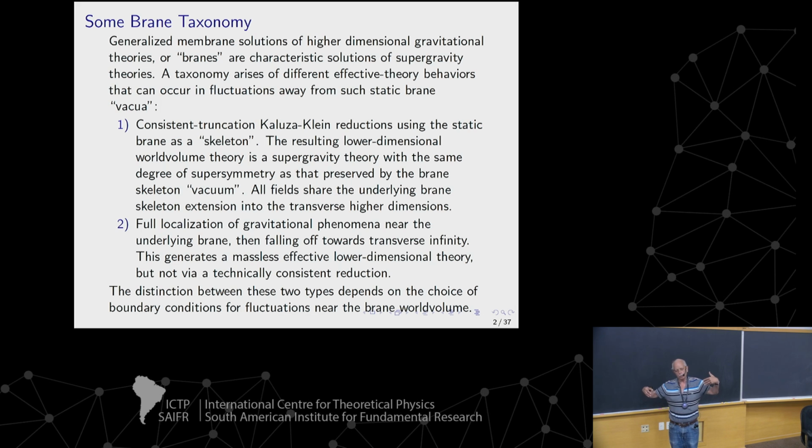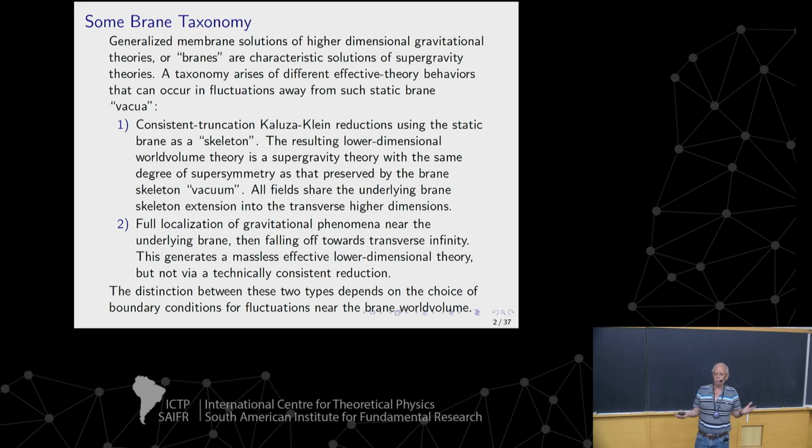We call the transverse structure then a skeleton. We don't do any excitations in the transverse directions. We excite only in the world volume directions. And the long story is it works in certain circumstances. And in fact, if the background solution has supersymmetries, this extends to a full supergravity theory in the lower dimension. That's type 1.